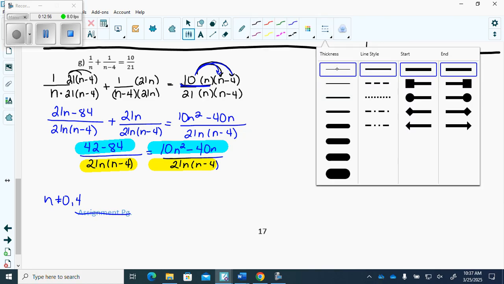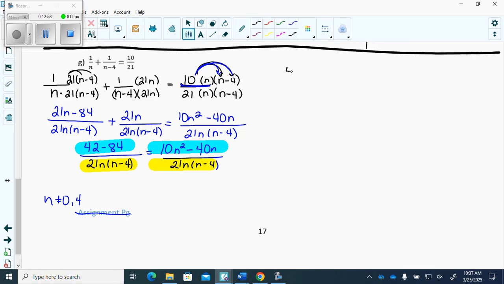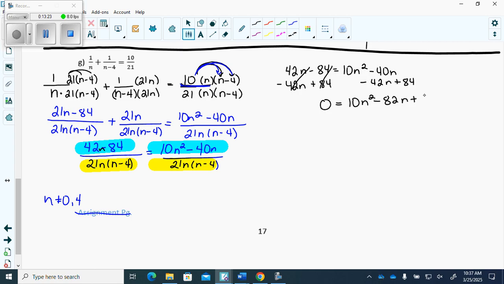And I get 42n minus 84 equals 10n squared minus 40n. Still have to get it all to one side. It's not an option to not choose to do that. So you get 0 equals 10n squared minus 82n plus 84, which is sometimes overwhelming.